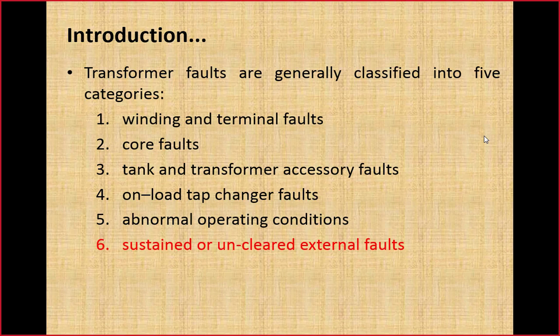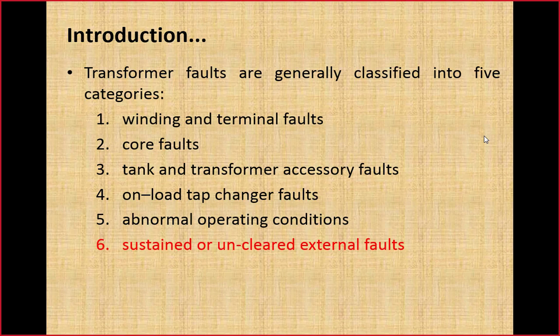There was nothing wrong with the transformer, but if fault current is passing through the transformer and the fault is outside the transformer, maybe in a bus or transmission line, and if the respective protection has failed to clear the fault, that could be dangerous for the transformer as well, because fault current is passing through the transformer up to the fault point.